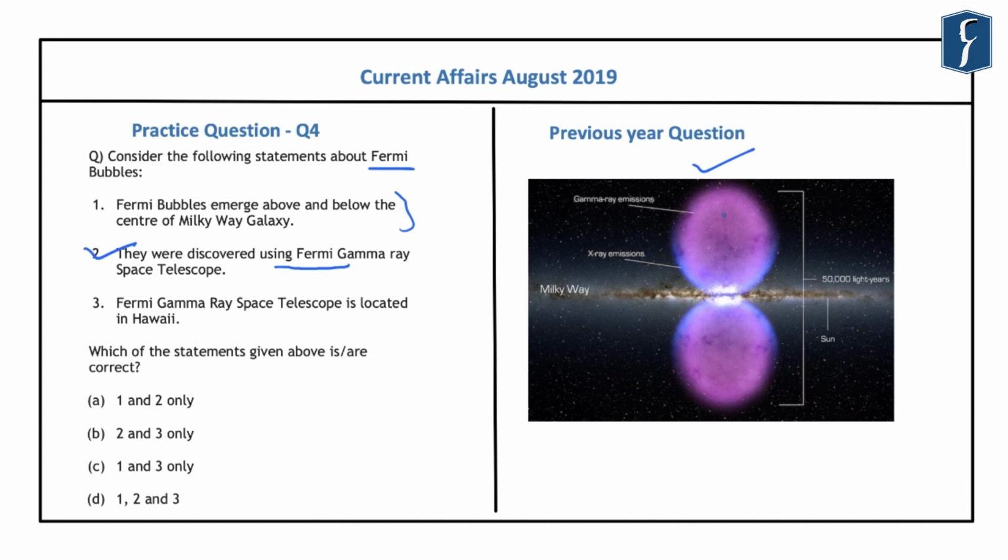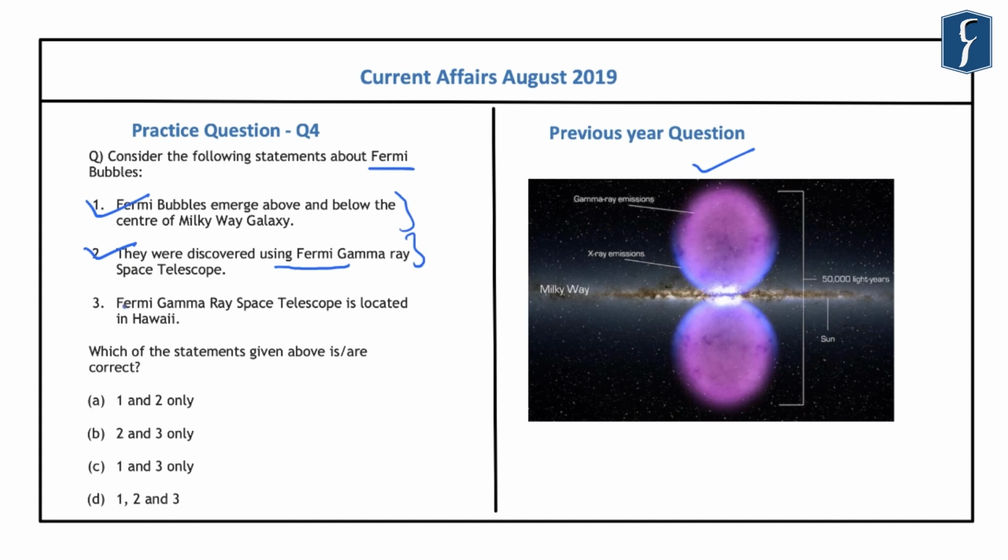Now, these Fermi bubbles are not visible through the naked eye. However, these bubbles emit the gamma rays and the X-rays, and these gamma rays have been observed by this Fermi Gamma Ray Space Telescope. And accordingly, the first statement here is also correct. Now, regarding the third statement that Fermi Gamma Ray Space Telescope is located in Hawaii, you should know that this telescope is a satellite observatory.